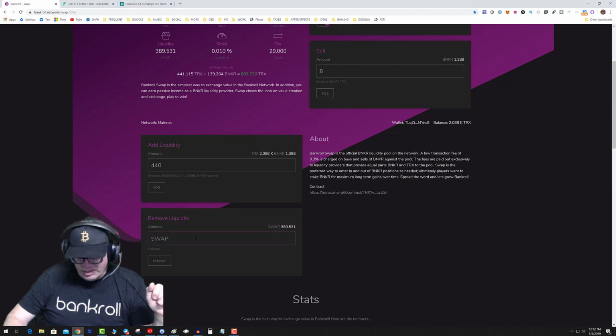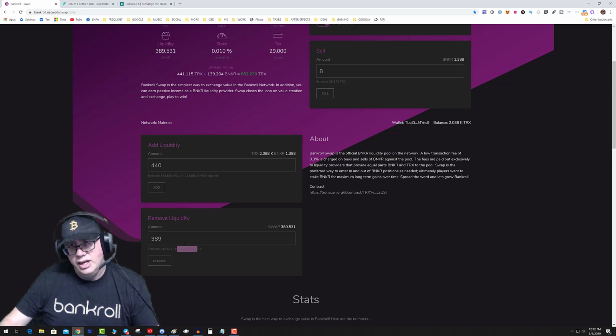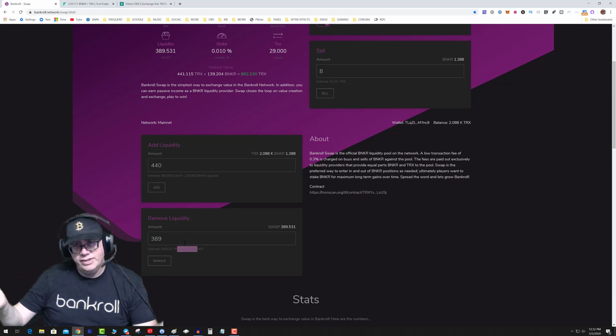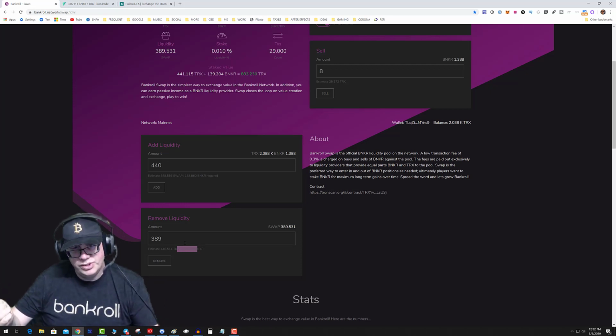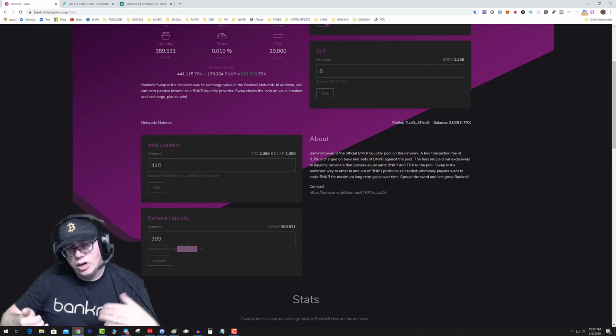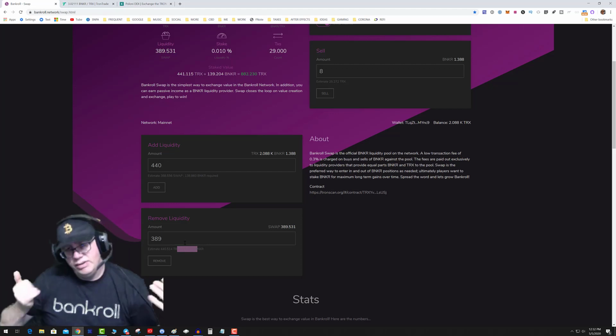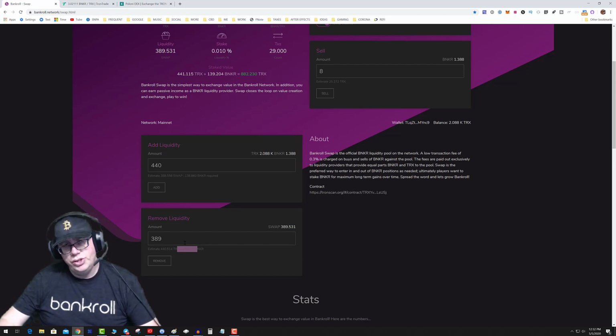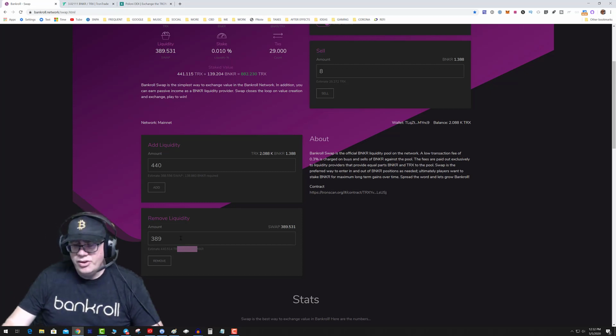If I type in 389, it's going to automatically calculate the amount of Banker and the amount of TRX that I'm going to get. Now, obviously, nothing has happened, so there's not going to be any reserve. The price can go up, the price can go down, so DYOR, and only do it if you feel comfortable and you know what you're getting into. Otherwise, I wouldn't do it.